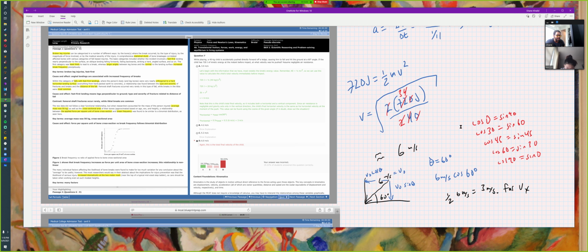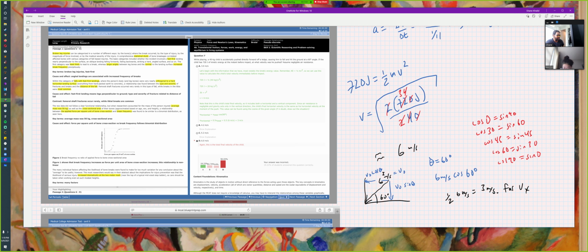Now that's the resultant velocity. So I drew the resultant vector as v naught, and the vertical component is the resultant times sine of theta.